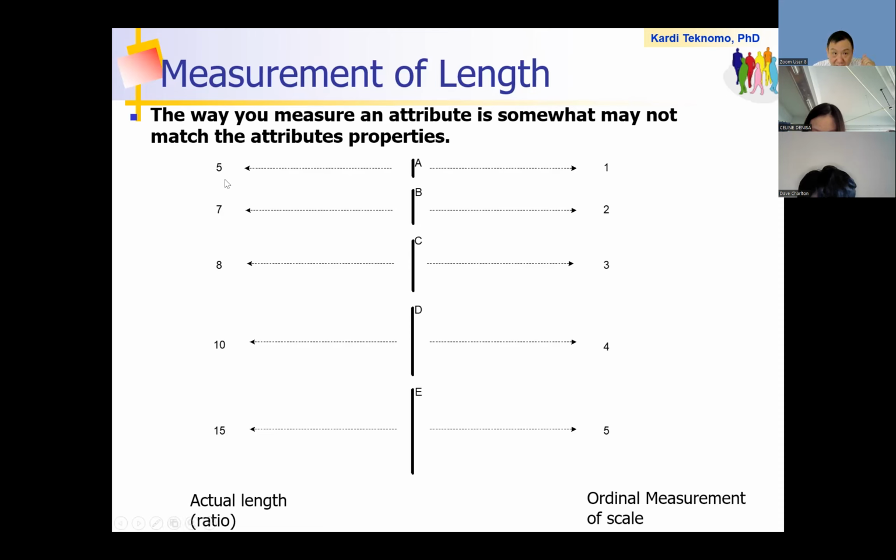You see here, this is an example. The length itself is actually lost. When you go down from the highest measurement scale, ratio type, into interval or ordinal scale, you lose information.